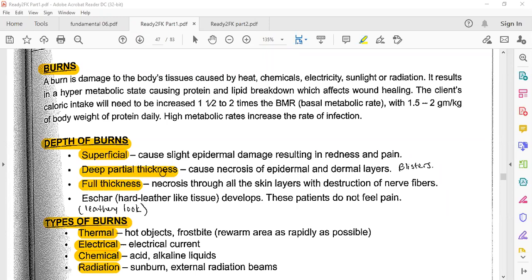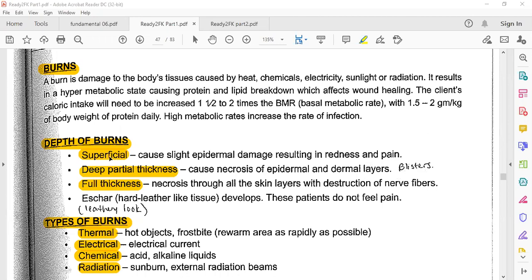Whatever it is, it causes necrosis of both the epidermal and dermal layers and blisters form.